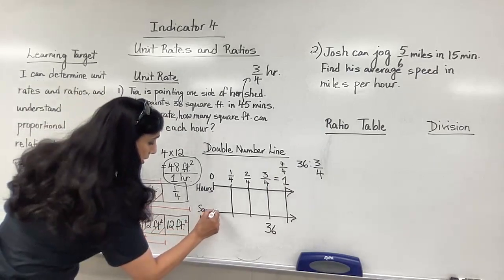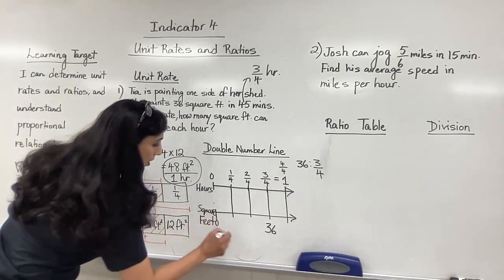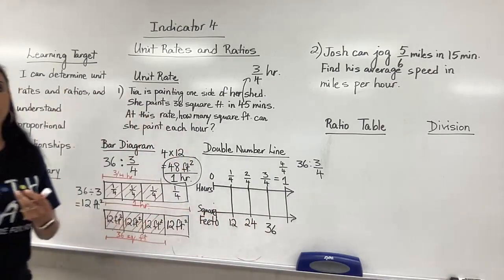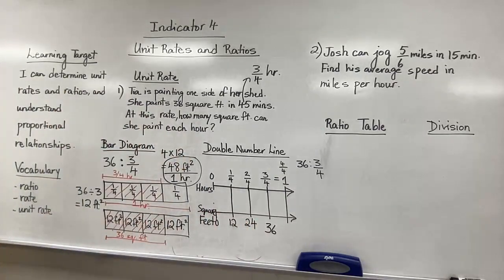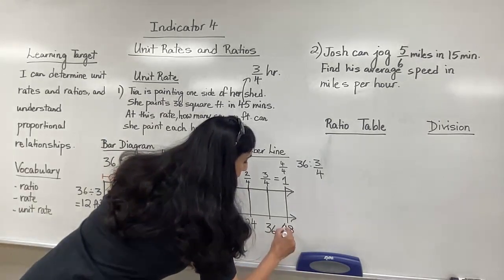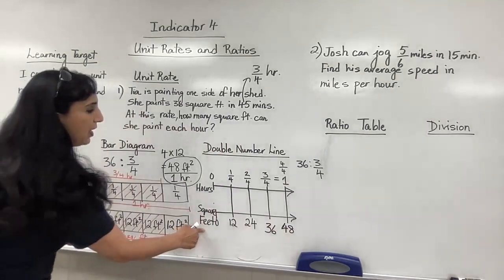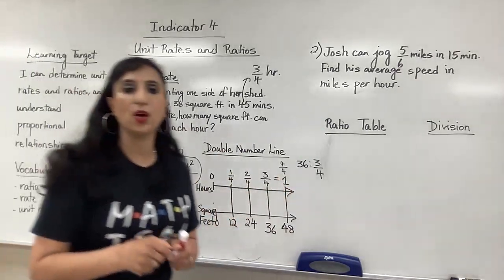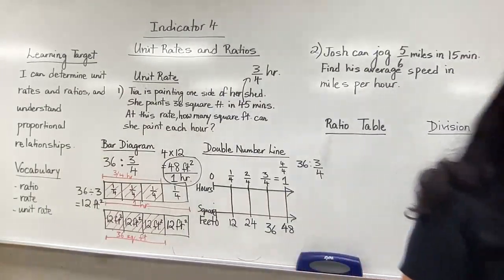So if this is my 0, this is 12, this is 24, right? It's going like that. So the next one, the unit rate, since each is going up by 12 square feet, is going to be 48. So look, 48 square feet per hour. Okay, so that is how you show it on a double number line.